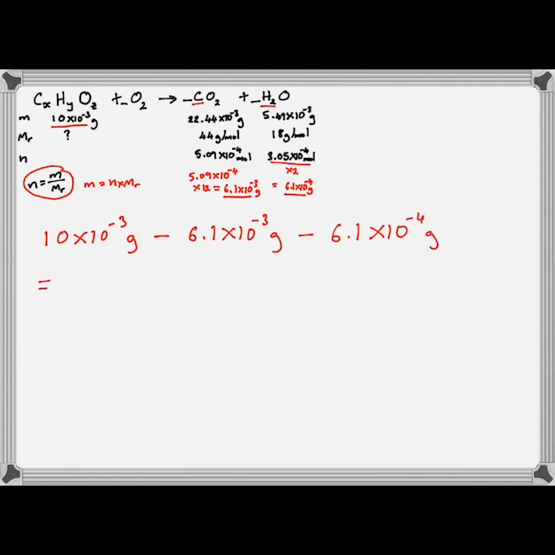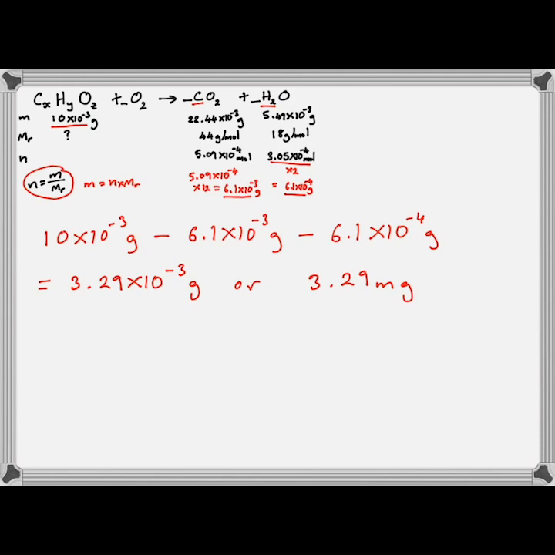And that would end up giving us the mass of oxygen, which is then 3.29 times 10 to the minus 3 grams, or in milligrams, 3.29 milligrams.